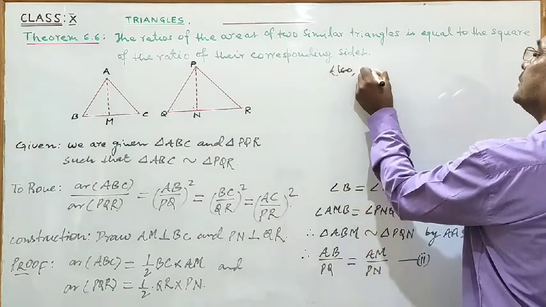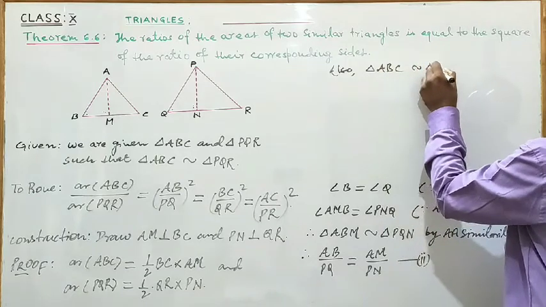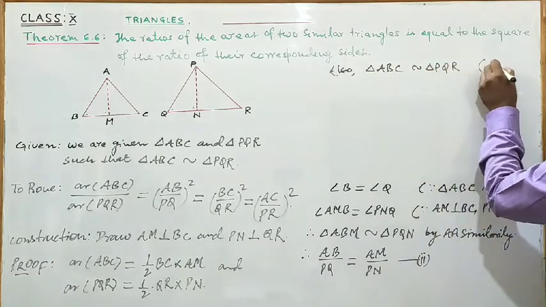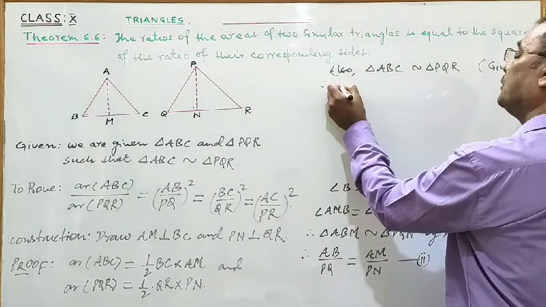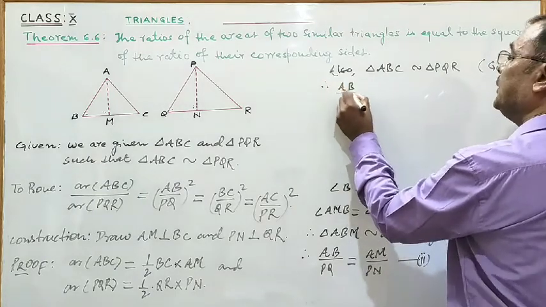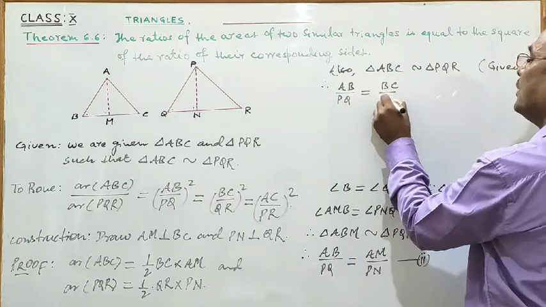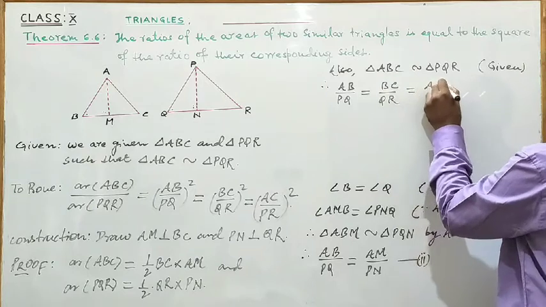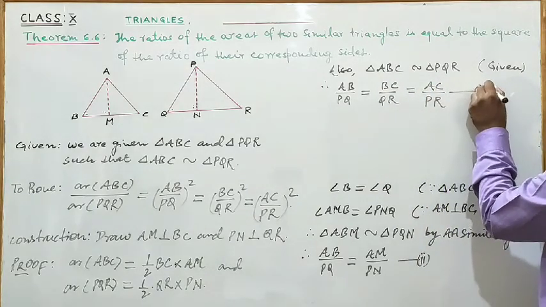Also, triangle ABC is similar to triangle PQR. It is given. Therefore, AB by PQ equal to BC by QR is equal to AC by PR. Let it be number 3.